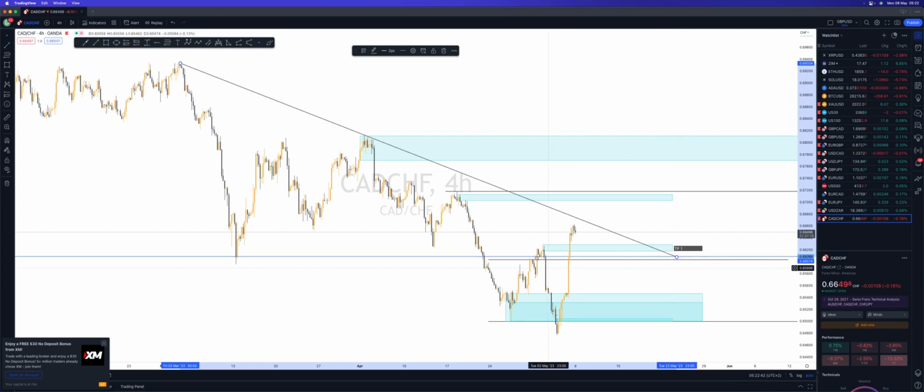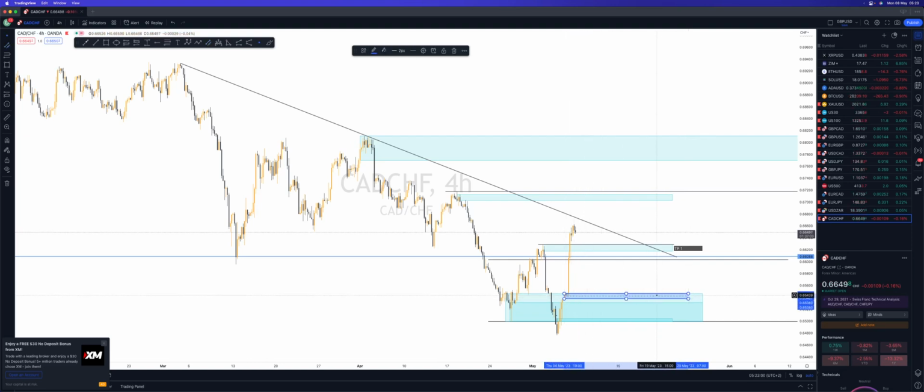But yeah, overall we have started to break structure from this downtrend. So before people tell you we need to wait for trend line break, we've already broken. We need to come and tap these areas, right, like literally right there.